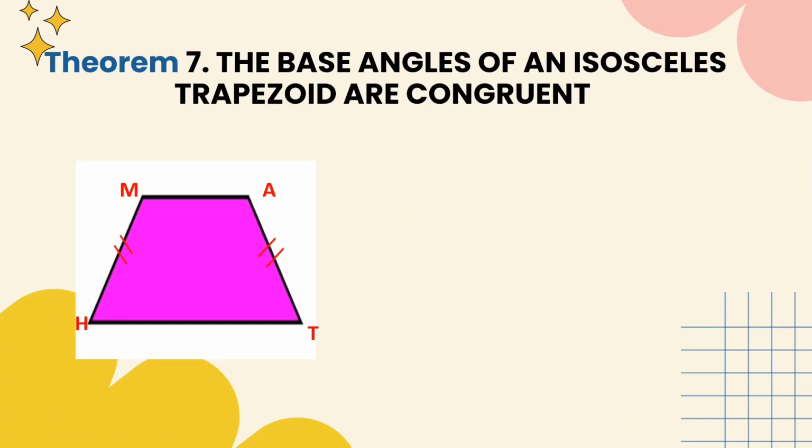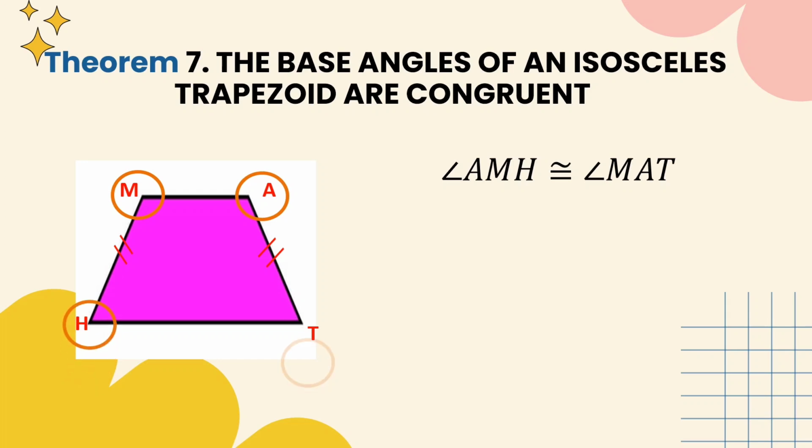Let's start our discussion on theorem 7, which is the base angles of an isosceles trapezoid are congruent. So in our figure, angle AMH is congruent to angle MAT, and angle MHT is congruent to angle ATH.